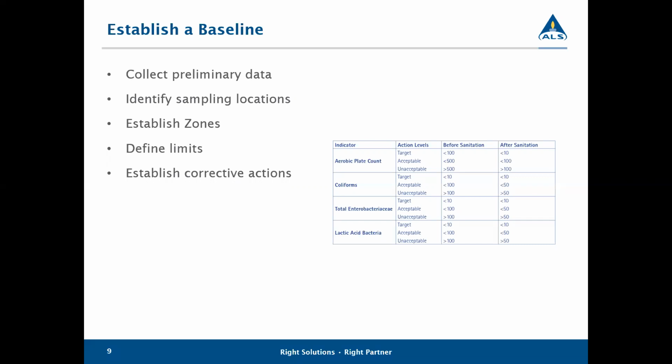But after sanitation, you want your CFUs to be less than 10 for your target, but 100 is acceptable. Anything above 100, this is where your corrective action steps in and says, hey, you need to follow your process and re-clean, re-sanitize, and retest.